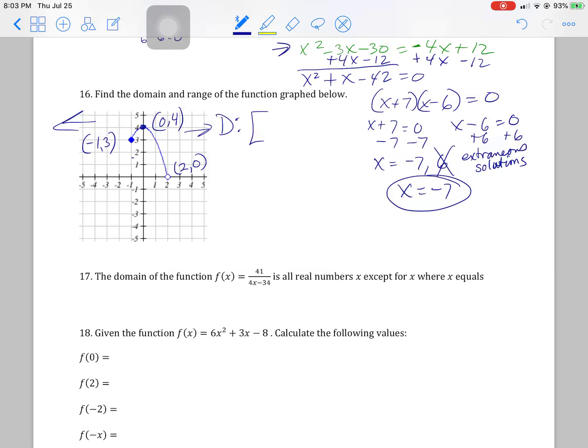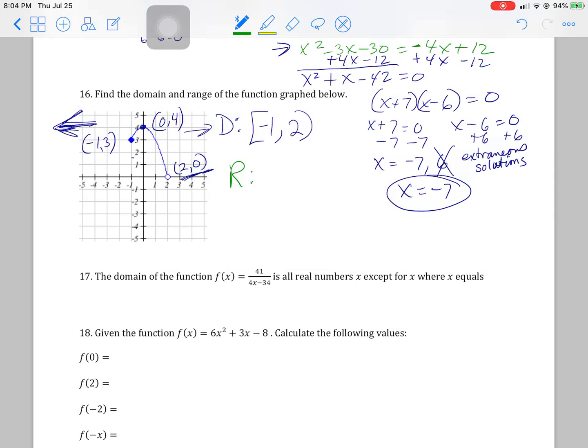All right, and then how high can it go, sorry. We're talking this way and this way. The low end is negative 1. The high end is this point right here that goes all the way to a positive 2, and it's an open circle, so that's a soft bracket.